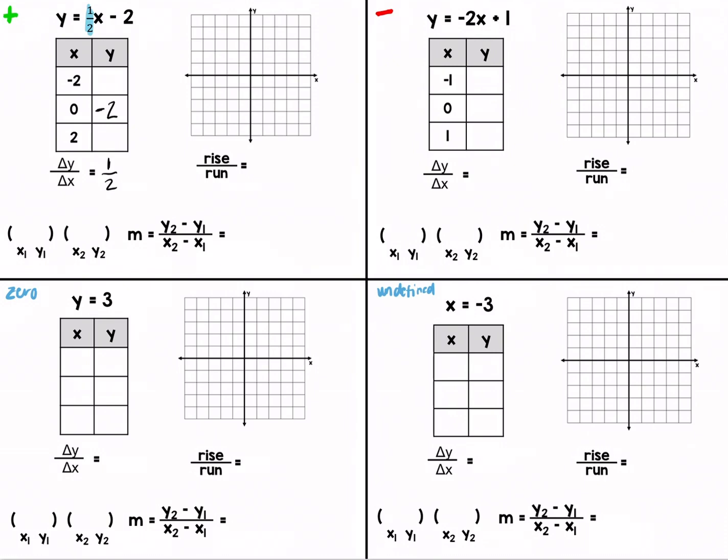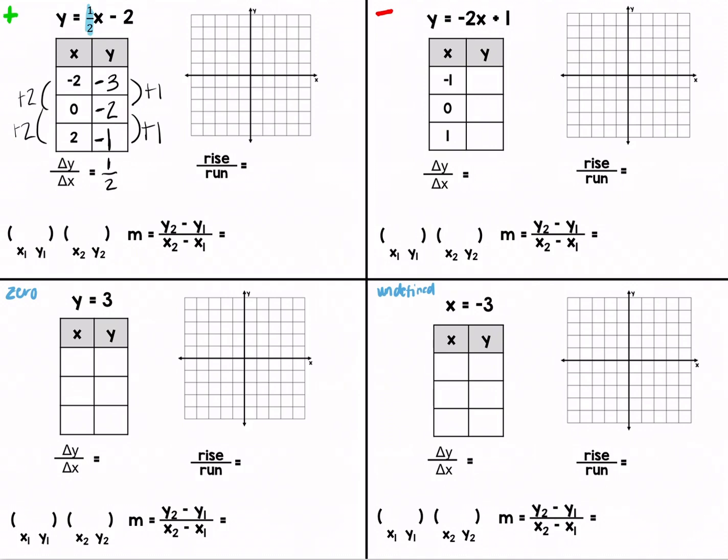And so every time I add 2 to the x values, which is my x change right here, I'm adding 1 to the y values. So -3 plus 1 is -2, and -2 plus 1 is -1. Okay, so now I can graph this a few different ways.